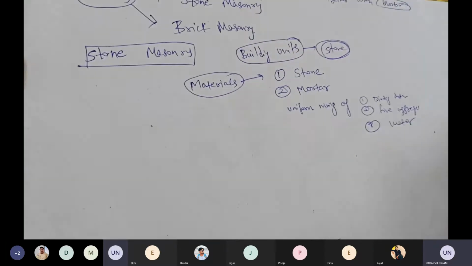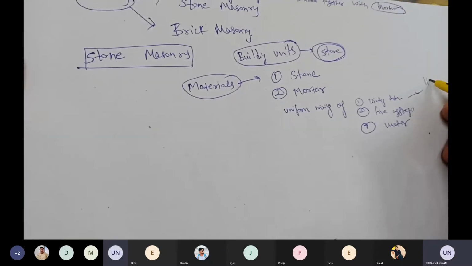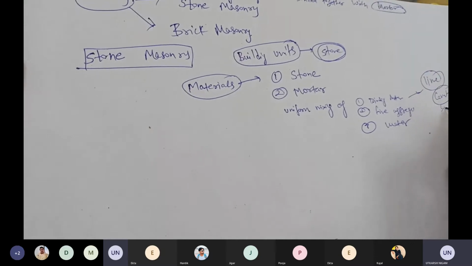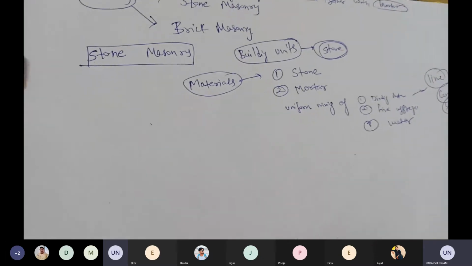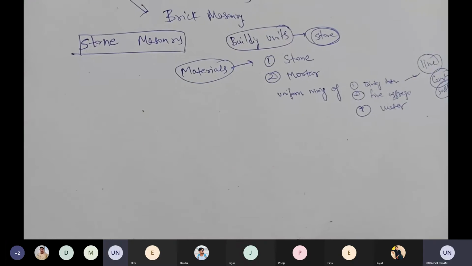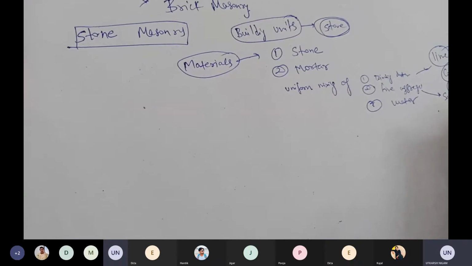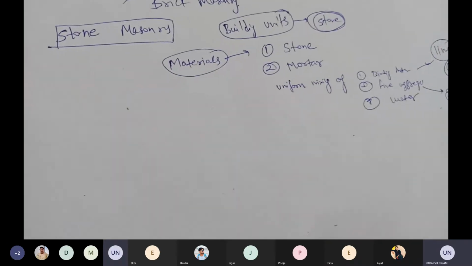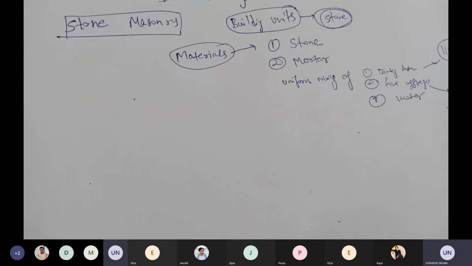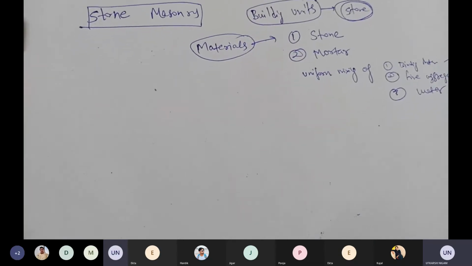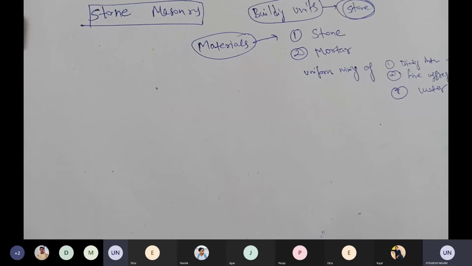Binding material may be, for example, lime, cement or surkhi. Fine aggregates may be sand or surkhi. The classification you already know. Then this is known as the mortar.